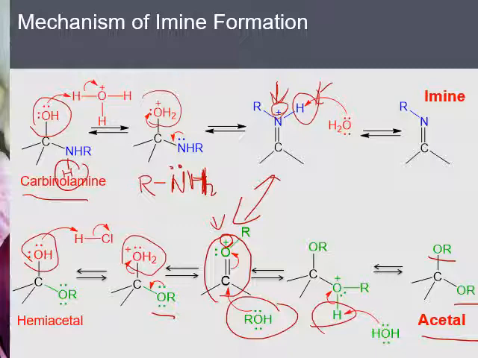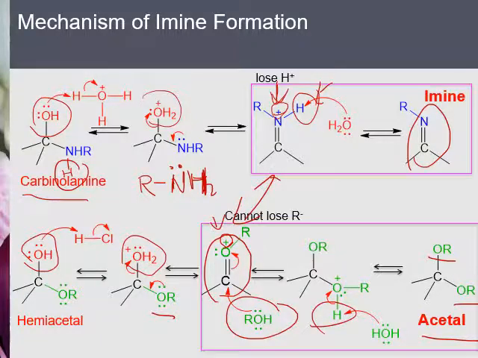And in imine, you have a C=N double bond. All right. So the two mechanisms are almost the same up to this point. And the difference is in amine reaction, the intermediate has a nitrogen positive charge with a proton. When the proton is deprotonated, you get a neutral molecule, imine. But in alcohol reaction, the intermediate here does not have hydrogen.